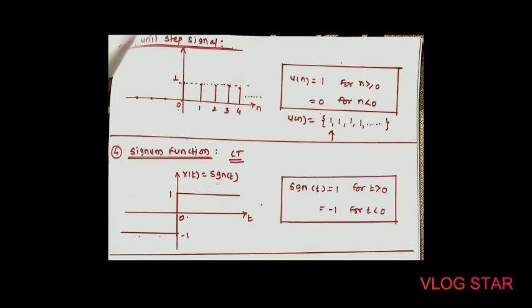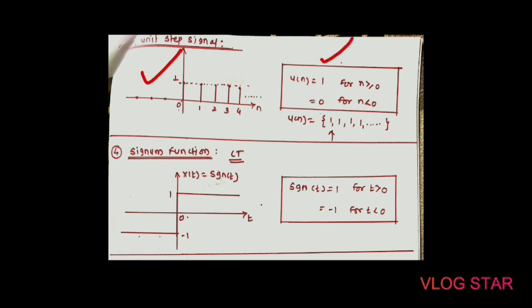Second is the unit step signal in a discrete time format. The discrete time unit step signal looks like this. A discrete time unit signal is denoted by u(n). Its value is unity for all positive values of n. That means its value is 1 for n greater than or equal to 0, while for other values of n its value is 0.